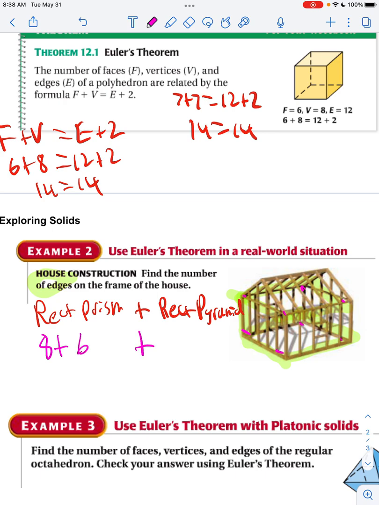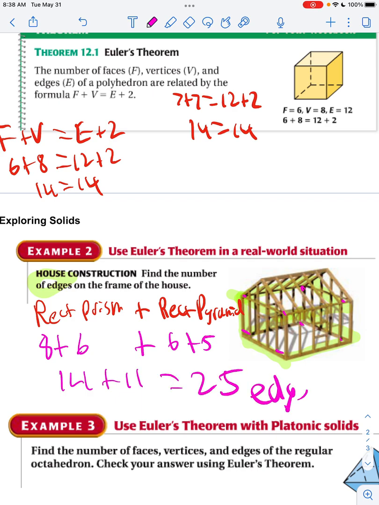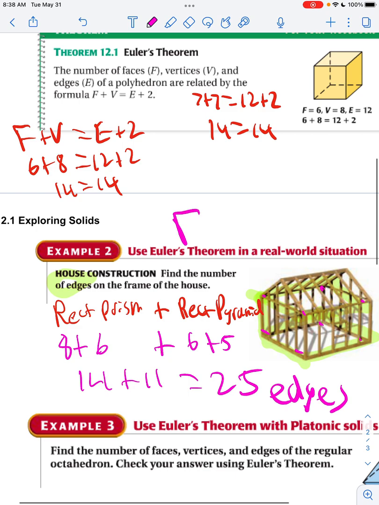That's my bottom one. And then if I look at the top one, I have 5 vertices and 5 faces. So 14 plus 11, using F plus V equals E plus 2.